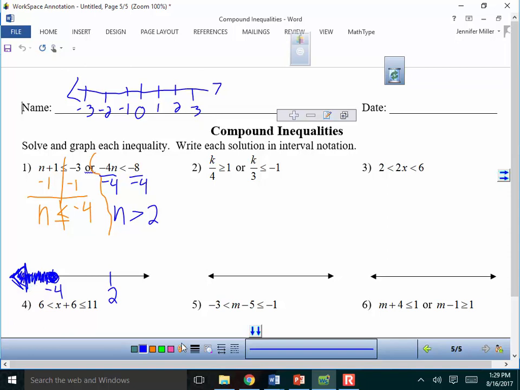Okay, and then over here on the right, are we going to open or close the circle on the 2? Open, and then we shade which way? To the right, because it says n is greater than 2. So we're shading to the right. Any questions here?